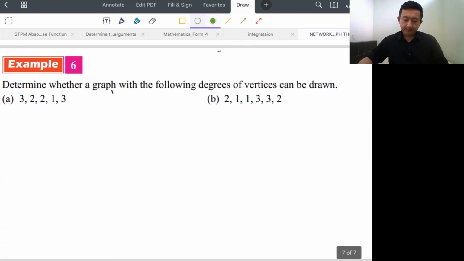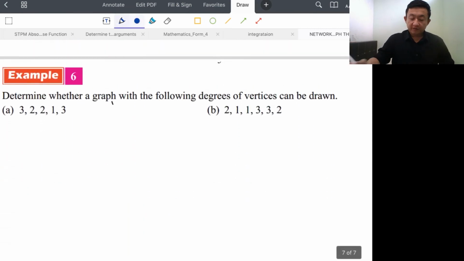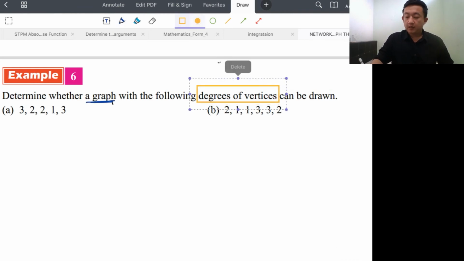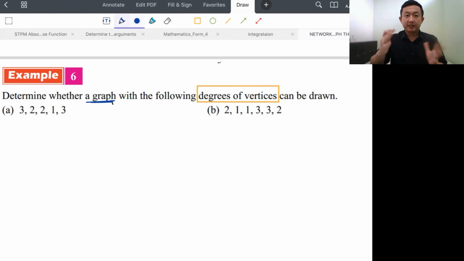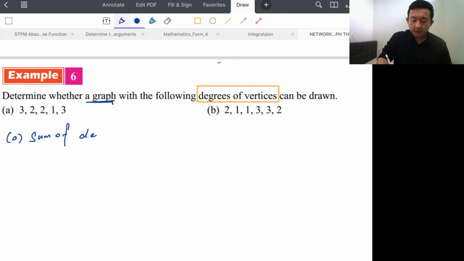So done. You also have this kind of question. You have to determine whether a graph with the following degrees of vertices can or cannot be drawn. Do you remember? Every vertex has a degree, the number of edges connected to it. You have the information of the sum of degree, right?